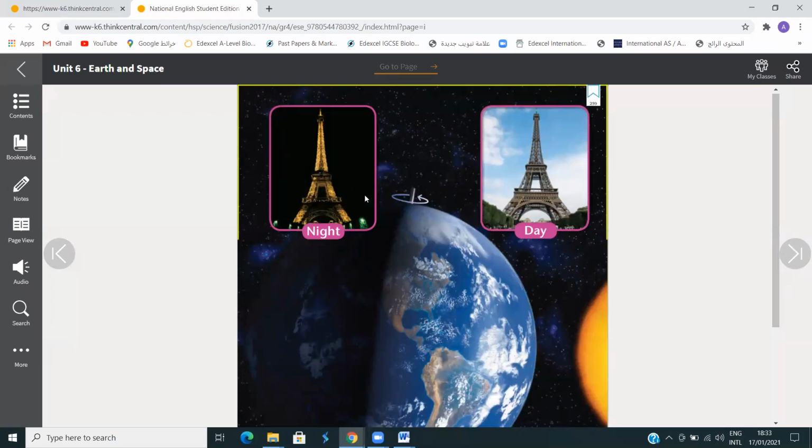But at the same time, the earth revolves around itself. This axis here is an imaginary axis. It goes from north to south, here down. This is an imaginary axis.